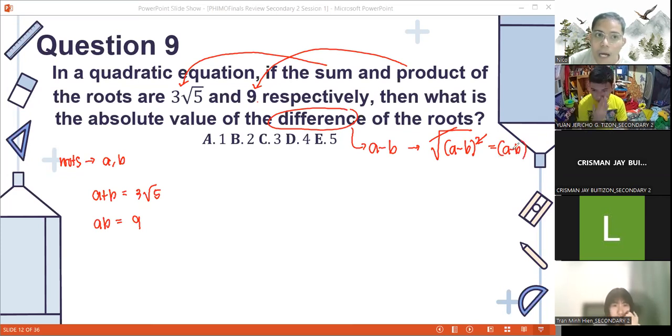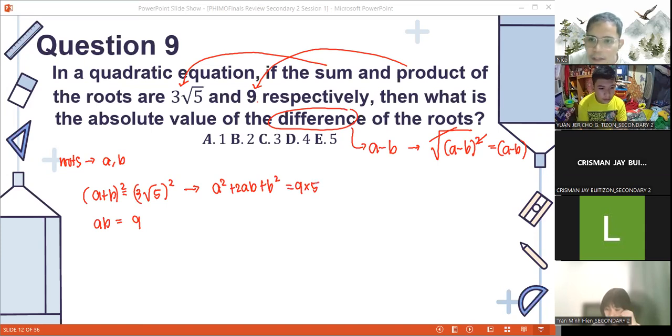Now, the problem is how do we get this one? We square this one first. So that becomes A squared plus 2AB plus B squared. And this becomes 9 times 5, which is 45, right? That one is equal to 45. So what are we going to do next? We subtract.